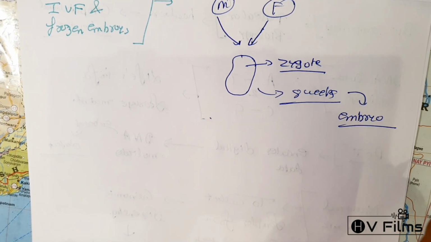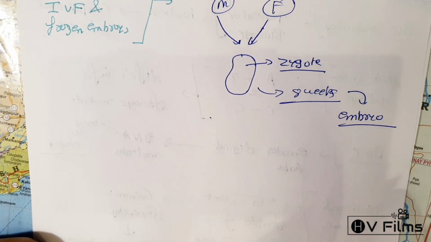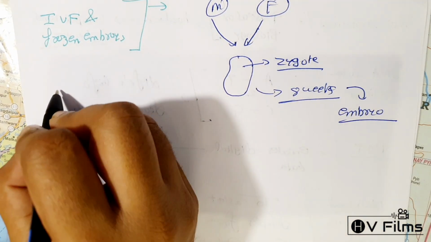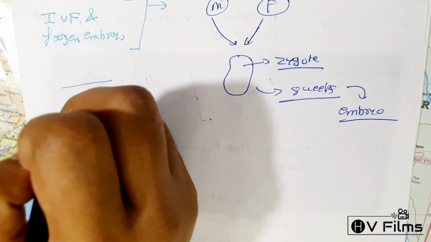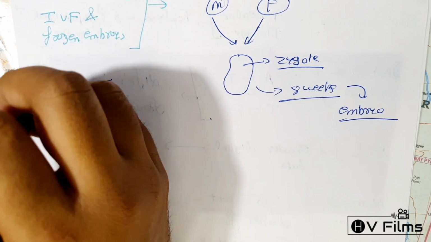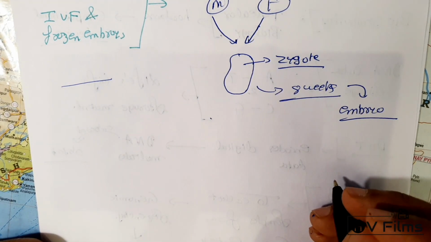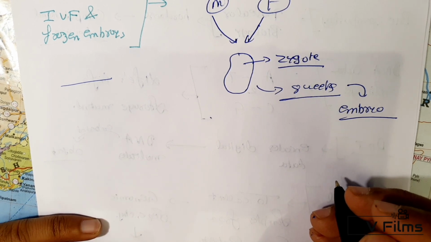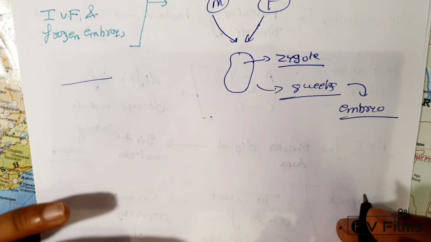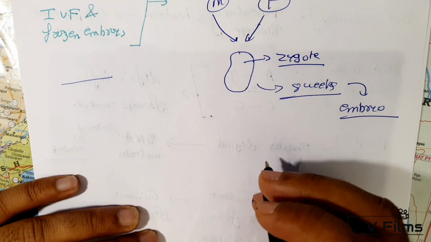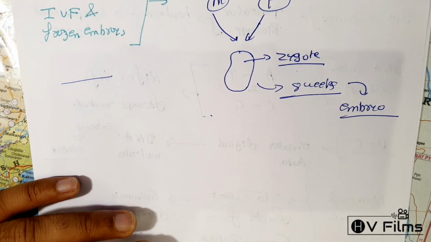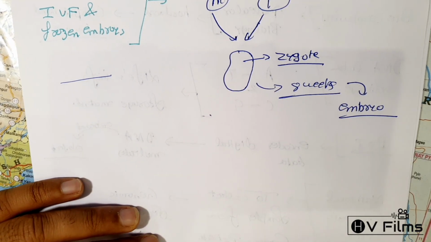Similarly, there are also frozen embryos. Sometimes, for future use, for example, certain cancer patients, before getting radiation therapy or chemotherapy, store their embryos as frozen embryos, so that they can use these embryos in the future for reproduction procedures.